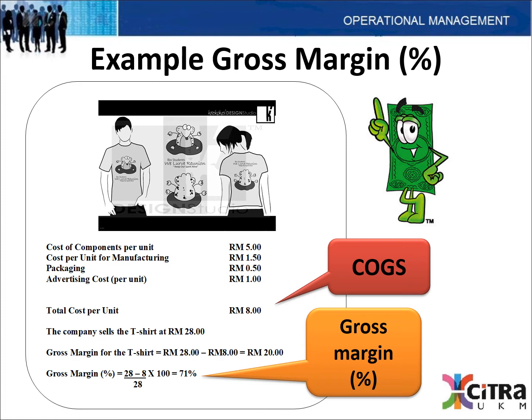You start with the revenue, the price at which the company sold the product, 28 ringgit, then subtract 8 ringgit, the cost, so it becomes 20 ringgit. So 20 ringgit per 28 ringgit times 100. The percentage of the gross margin is 71%. That is how you calculate the gross margin.